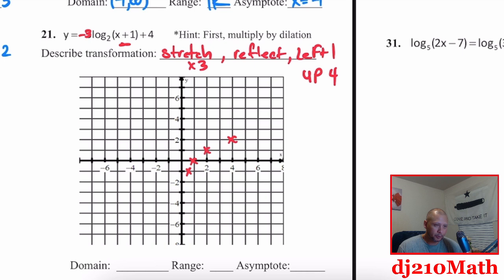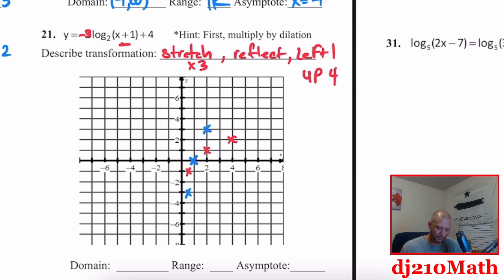I'm going to stretch it first in the manner that we just did, but by 3 and not 2. So times 3. So -1 times 3 is -3. X-axis stays the same. Next one, 1 times 3.